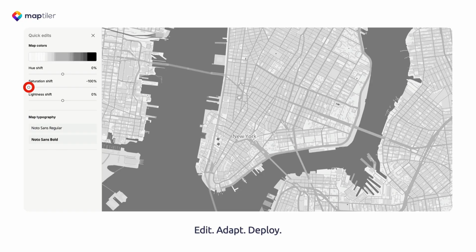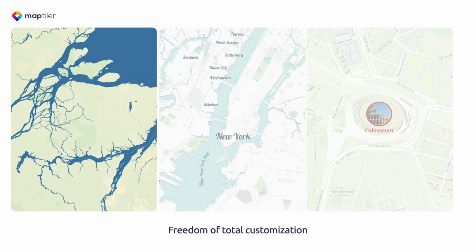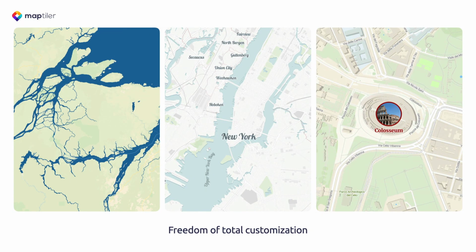For example, you can take an entire map and change its colors effortlessly with a single saturation shift. And this is the core to our promise: to provide an easy-to-use interface that allows you to instantly get the look and feel you want, all while preparing it for easy deployment.